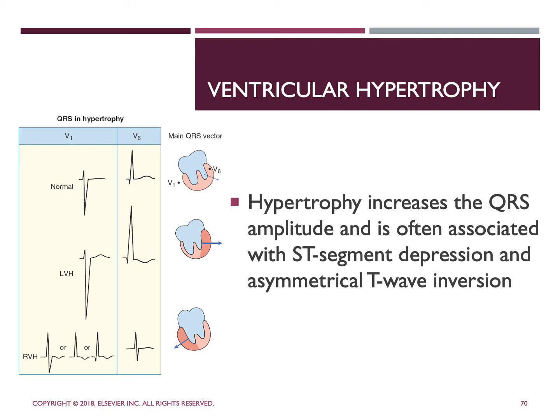So what we're looking at here is ventricular hypertrophy. With left ventricular hypertrophy, or LVH, it increases the amplitude of electrical forces directed to the left and posteriorly. In addition to that, repolarization abnormalities can cause ST segment depression and T wave inversion in leads with a prominent R wave.